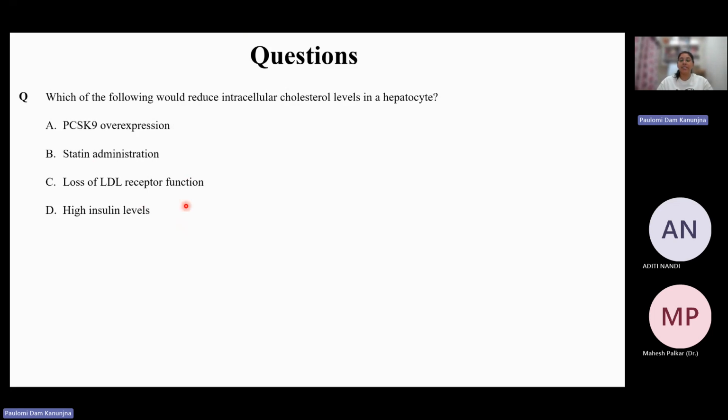So basically, in liver cells, which of these will reduce the cholesterol level? D. Okay, I have D. I'll wait for the other person as well.